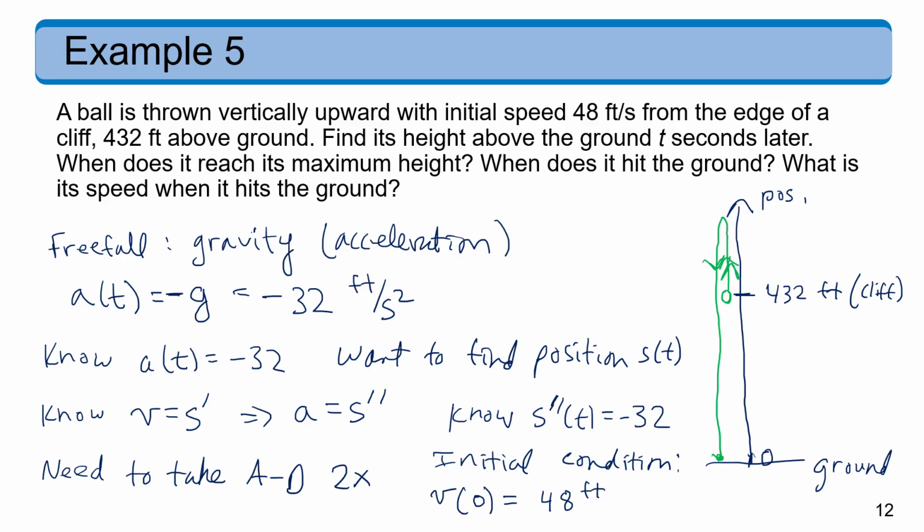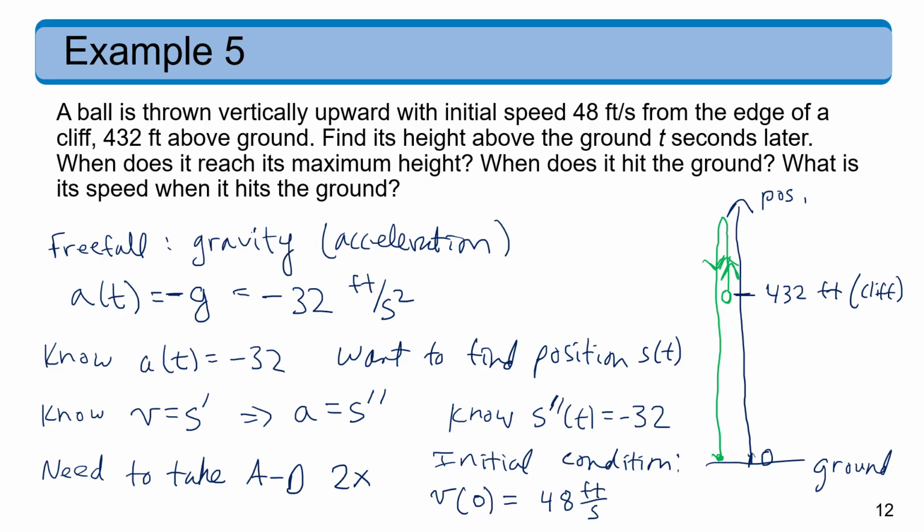But we need to be careful about the sign. Should that be positive or negative? Notice that the ball was initially thrown upward. That's the positive direction. So that should be positive 48 feet per second for the velocity. Now there's another initial condition given, and that's for the initial position.